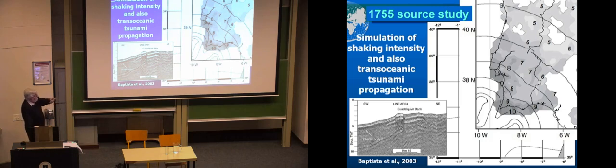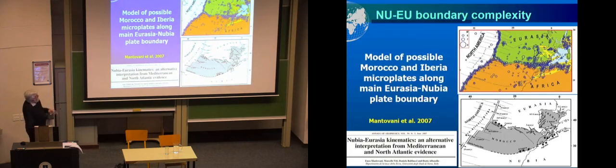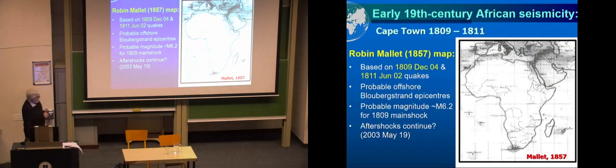So in that sense, being on the Eurasian-African plate boundary, or just on the Eurasian side of it, it was also an African earthquake. And relating to some of the other earthquakes further south in Morocco, there is the speculation that maybe there's a separate Morocco plate. But that at the moment is still fairly speculative.